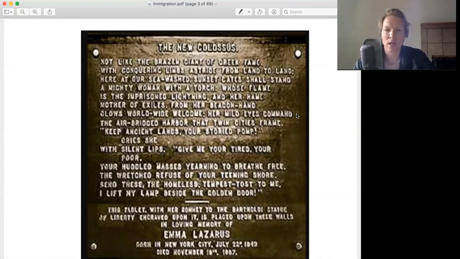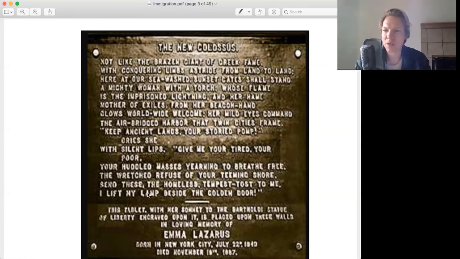This attitude is most personified by The New Colossus, the poem by Emma Lazarus, which is inscribed at the bottom of the Statue of Liberty. Most represented in these lines right here: your huddled masses yearning to breathe free, the wretched refuse of your teeming shore. Send these, the homeless, tempest-tossed to me.